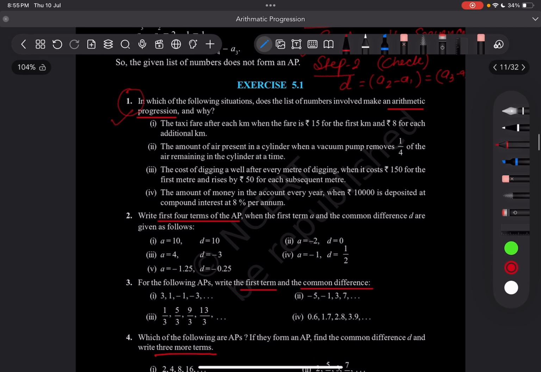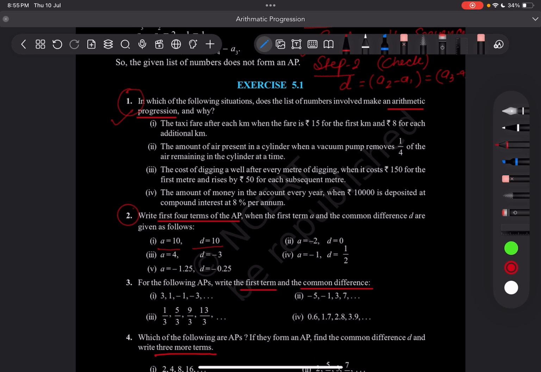Now let us move to question number 2. In this question, you have to write 4 terms of an AP when the first term A and common difference D are given as follows. You are given A and D. Now you have to write the first 4 terms.